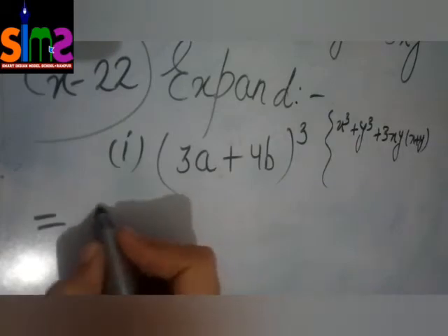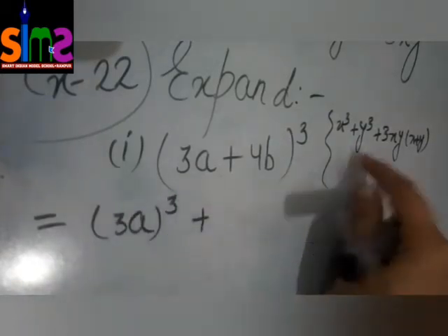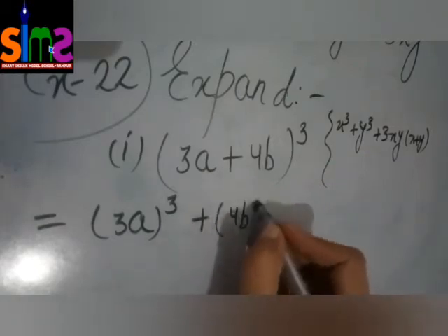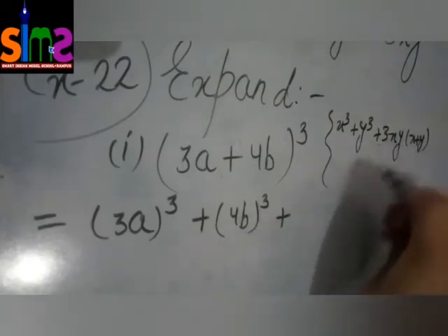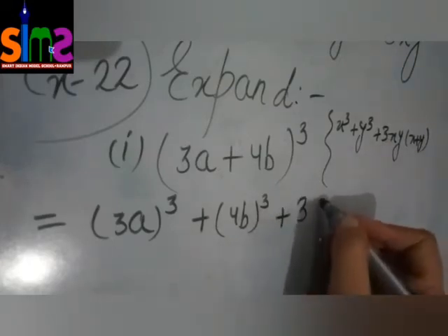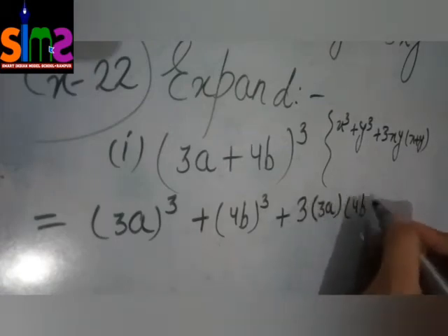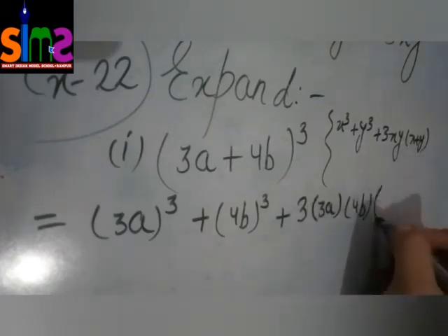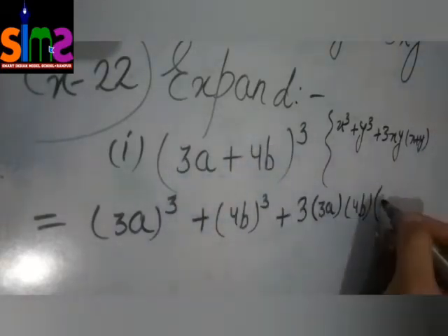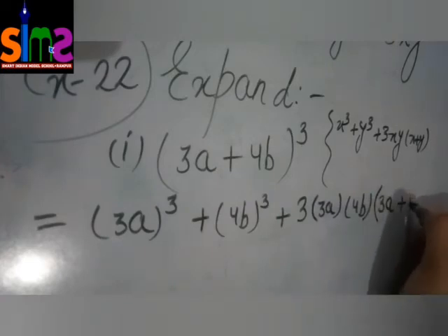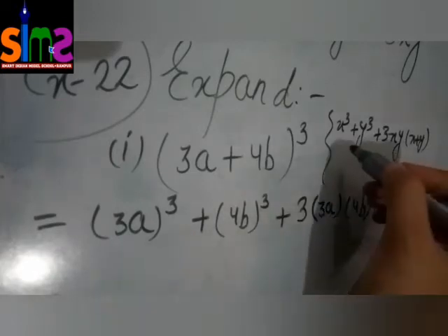X cube means the whole cube of 3a, plus y cube means the whole cube of 4b, then plus 3xy. 3xy means 3, and the value of x will be 3a and the value of y will be 4b. After that, bracket x plus y. X plus y means 3a plus 4b. Now, what was the next step?